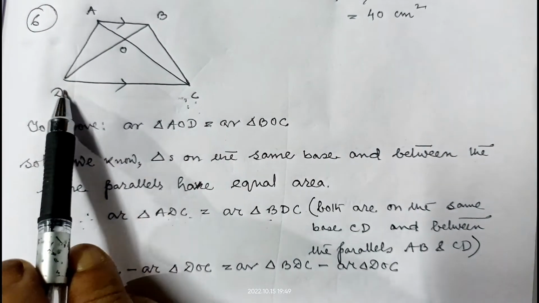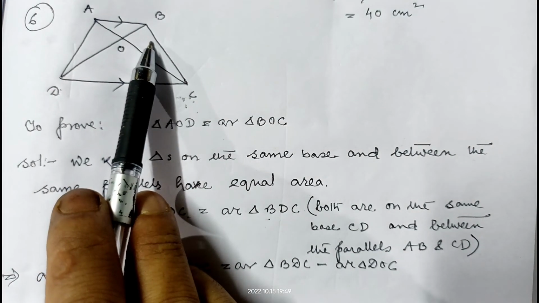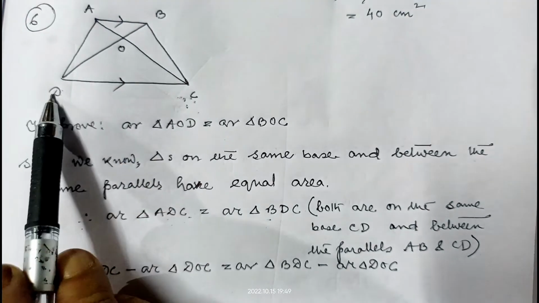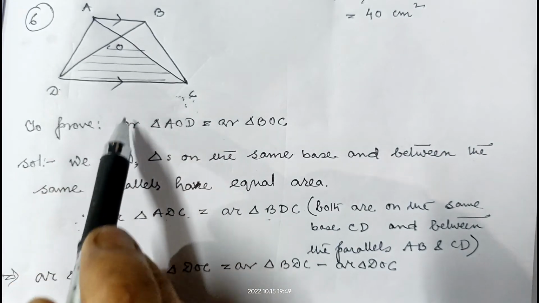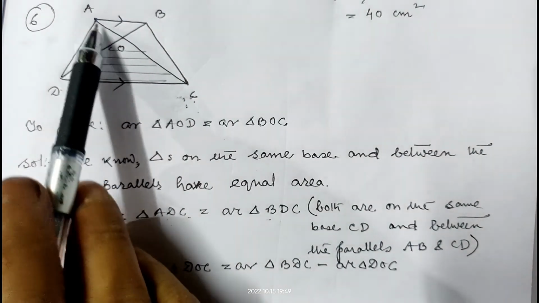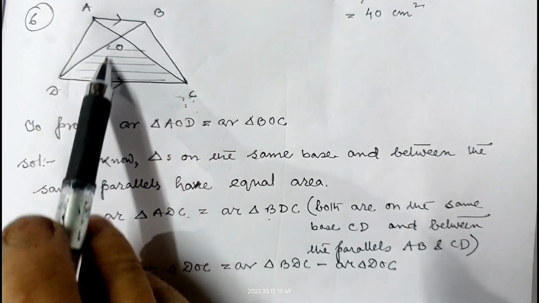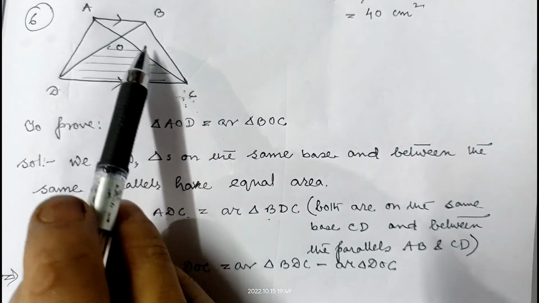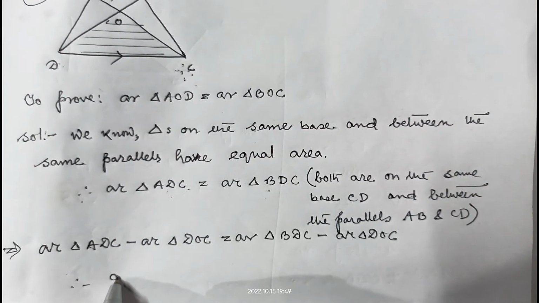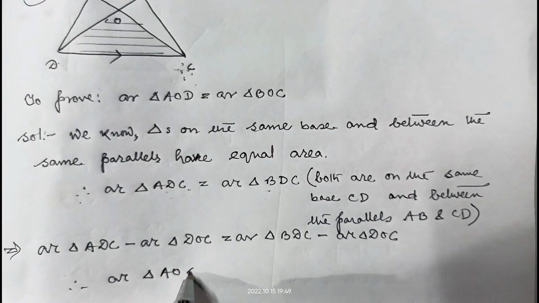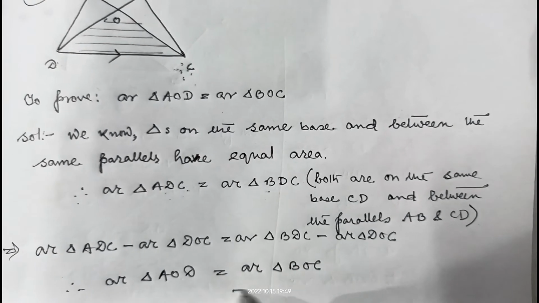Similarly BDC minus DOC, then I am left with BOC. Clear? From the triangle ADC, if I subtract this common part, then we are left with AOD. Again, from the triangle BDC, if we subtract the common area, that is DOC, then we are left with BOC. So we can write, therefore, area of triangle AOD equals to area of triangle BOC, and this is what we have to prove.